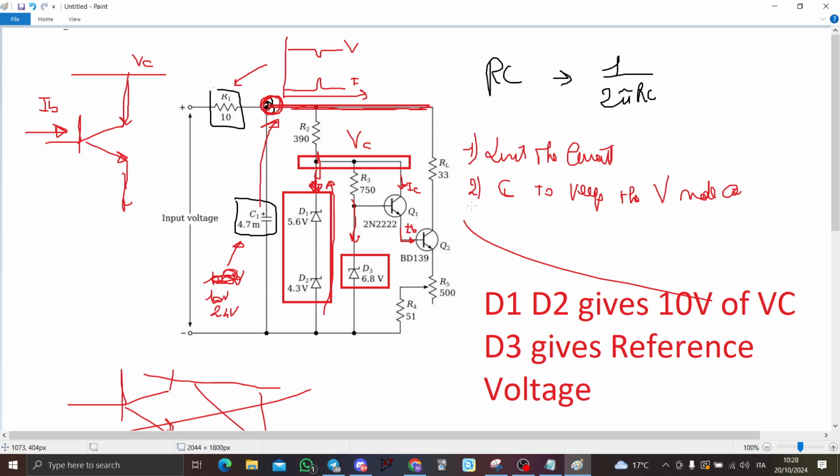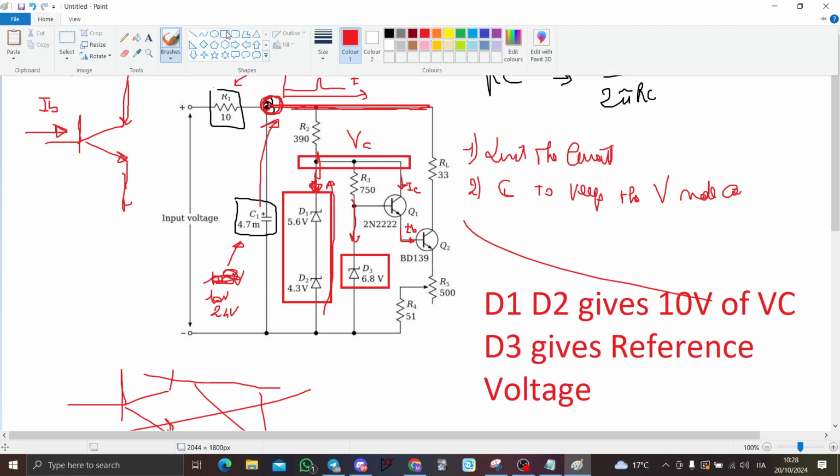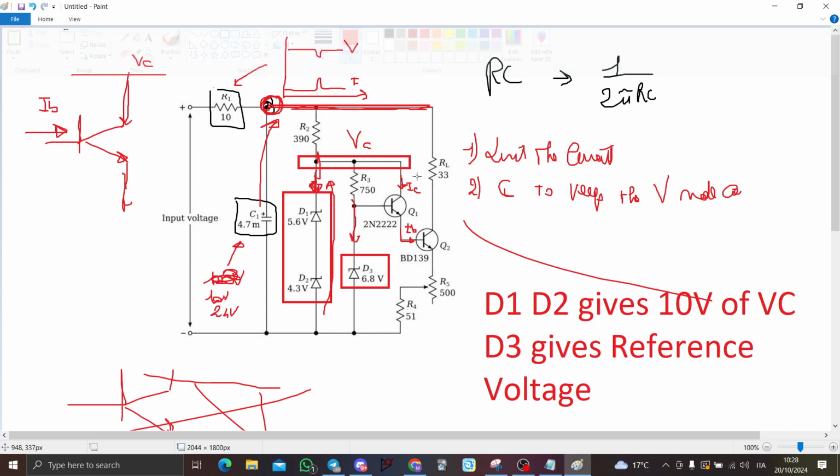So, in this case, we can control the current flowing to the load here by tuning the potentiometer here.